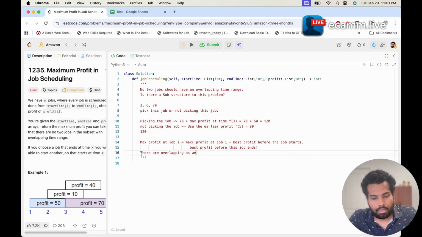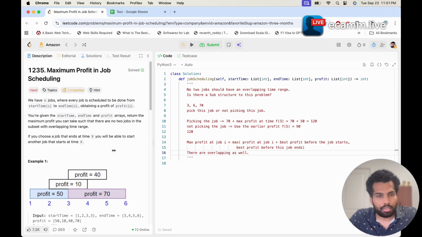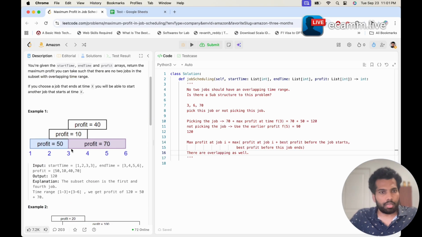Let's say there are multiple jobs starting at 3. For example here, there is a job starting at 3 and ending at 5, and one starting at 3 and ending at 6.